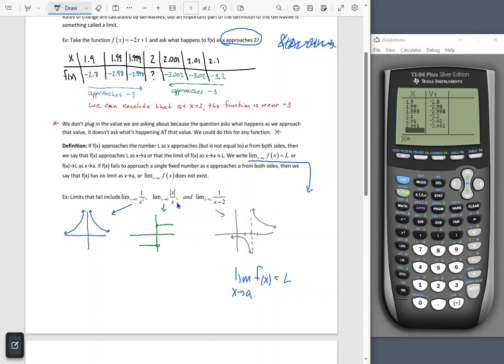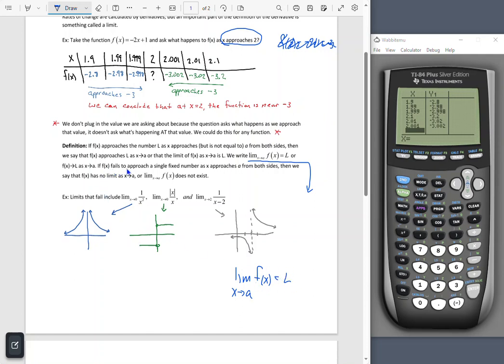But when I wrote these notes, I didn't know my keyboard as well as I should have. So the limit as x approaches a of f of x equals L. The limit as x approaches a of f of x is L. So it tells us here the x is getting close to a, the f value is getting close to L.